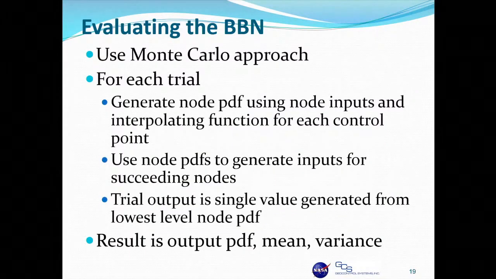And then that whole network is evaluated using a Monte Carlo model. The IV&V Center uses MATLAB, so we implemented it in MATLAB. For each Monte Carlo trial, you generate a random number using the PDFs that come out of the node to generate the inputs to the next succeeding node, and then do the same thing at the bottom level to get the likelihood score.